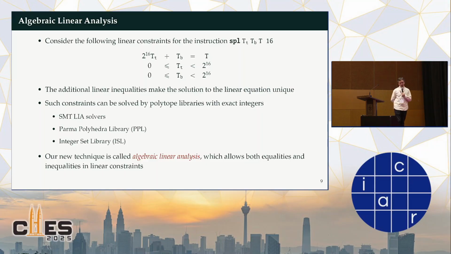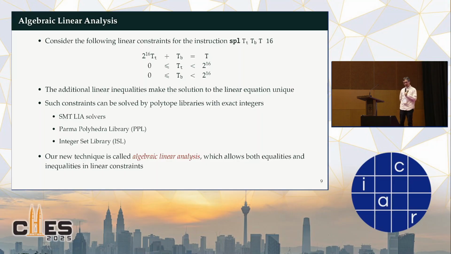Such linear constraints can be solved by polytope libraries with exact integers, for example, the SMT-LIA solvers, PPL, and ISL. We actually tried all three in our experiments, and we found that ISL is the best.